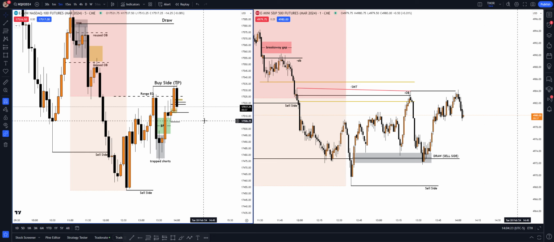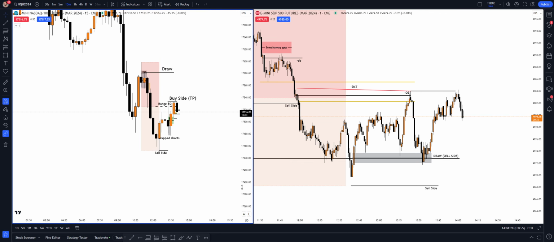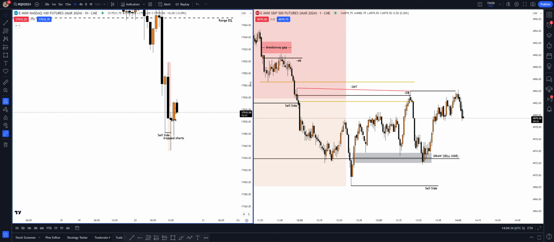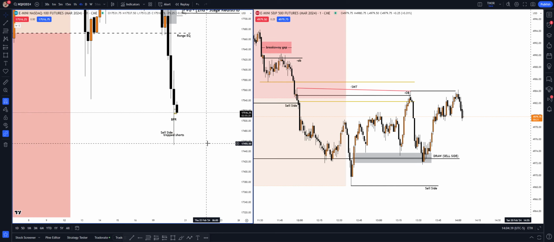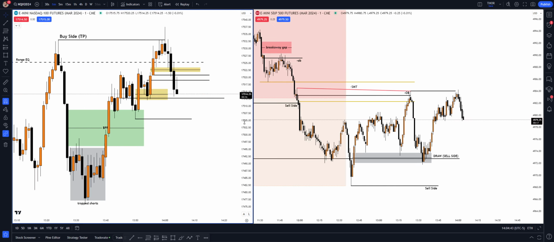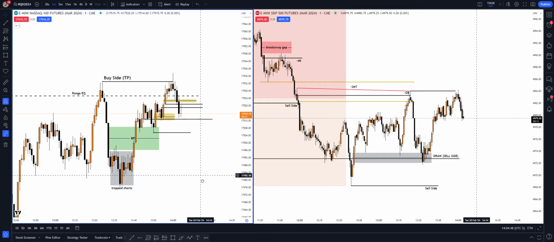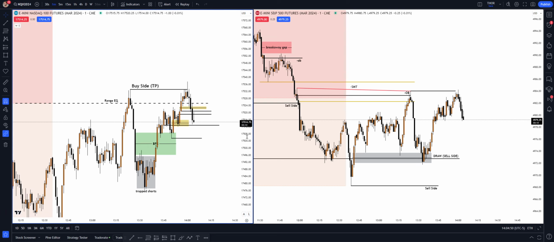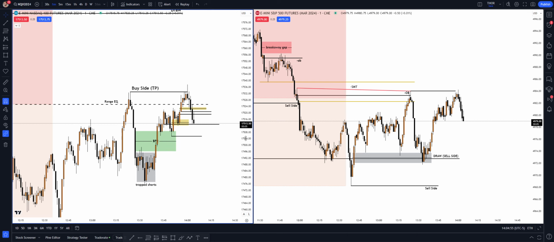That could act as a support on the 15 minute. Pretty much nothing on the 15 actually. On the 1 hour chart. Yep. On the intermediate time frames, there's pretty much nothing at the moment. Like on the 15 minute and above, it's just waiting to make those swing levels, swing points.